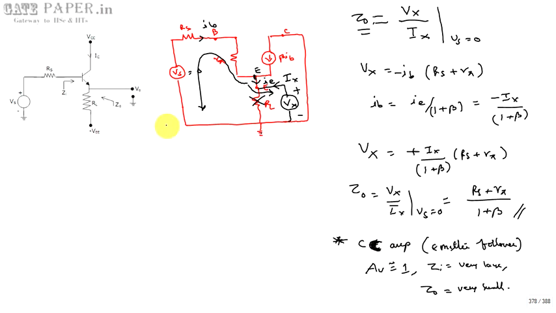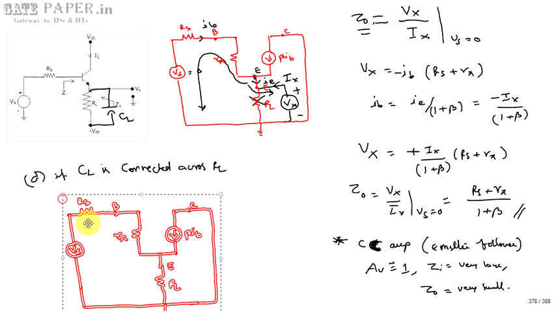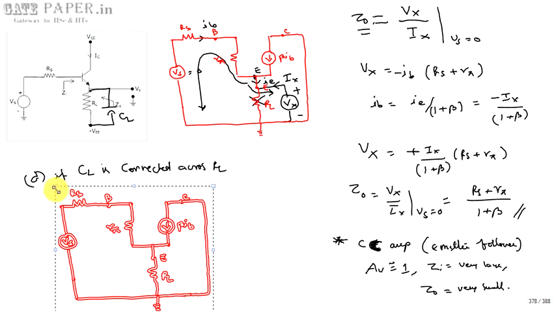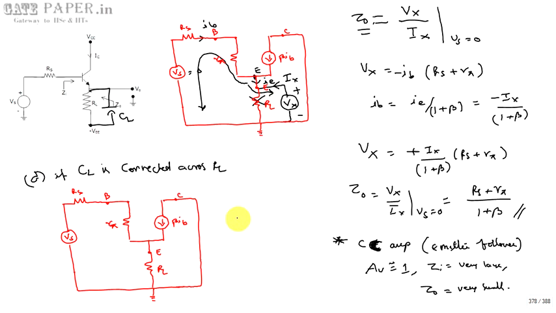Now we are going for the fourth case. If CL is connected across RL, that is, a capacitor is connected across RL, then the equivalent circuit looks like this.